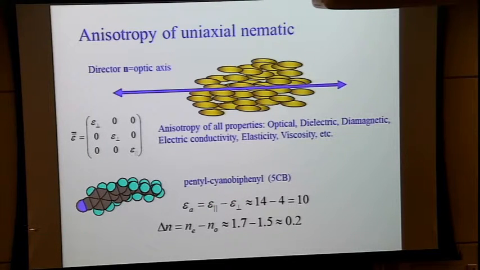The same goes with birefringence. The refractive index measured for light propagating with polarization parallel to the optic axis, which is the director, is 1.7. For polarization perpendicular to the director, it's 1.5. So you get some 15% of the absolute value of the refractive indices.